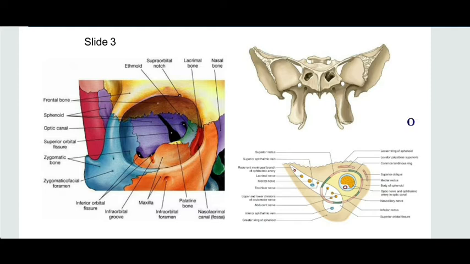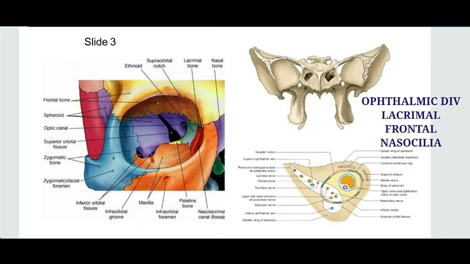The ophthalmic division of trigeminal nerve is subdivided into lacrimal, frontal, and nasociliary nerves. Of these three divisions, the lacrimal and frontal pass through the lateral part of the superior orbital fissure.